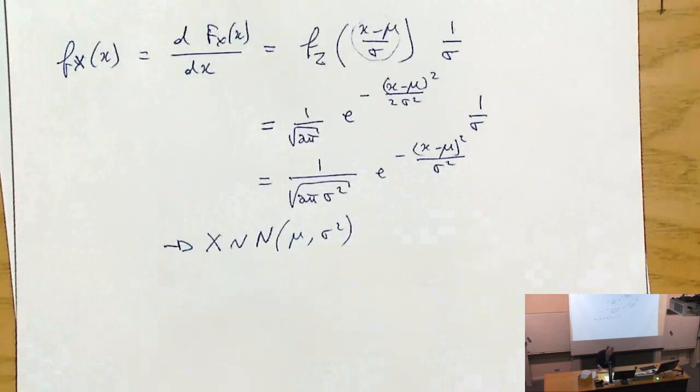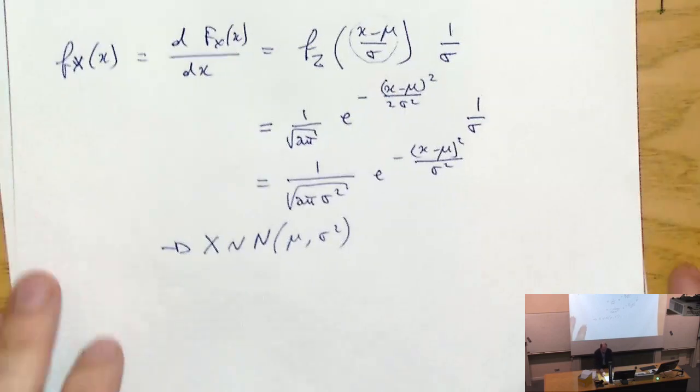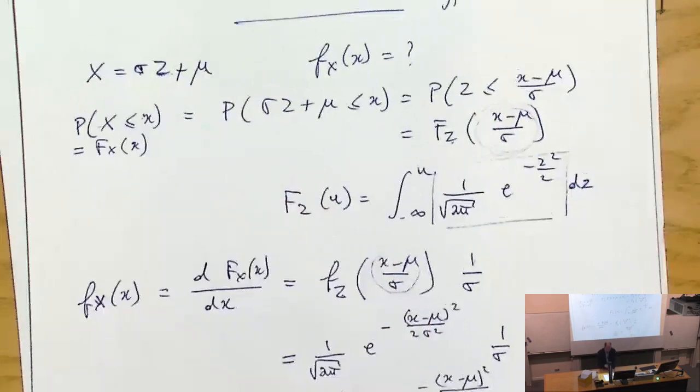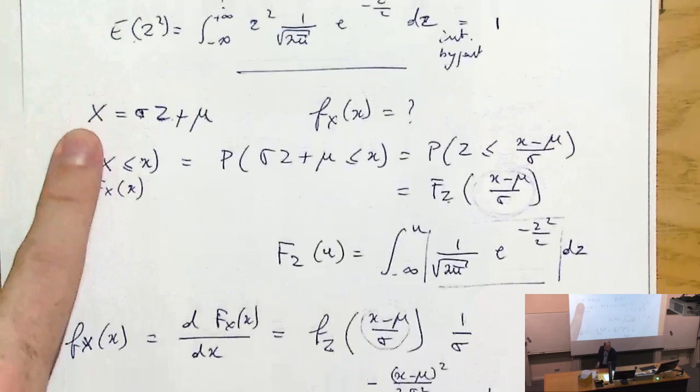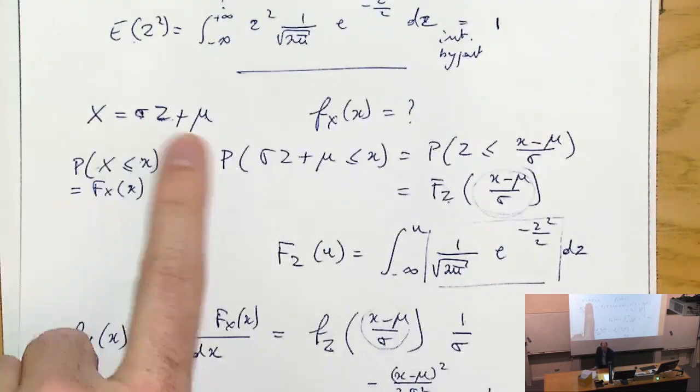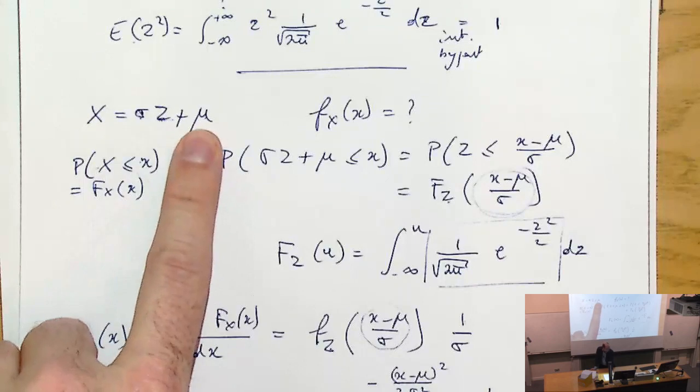So what does that mean here? What did we do? What we did is we said Z is standard normal, with mean 0 and variance of 1, right? And I create a new random variable x by simply multiplying Z by sigma and adding mu.